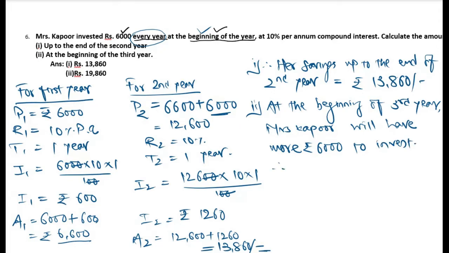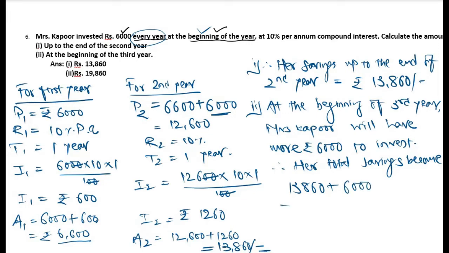Therefore, her total savings become 13,860, which she already had up to the end of second year, plus 6,000, which she now has at the beginning of third year. So it comes to total 19,860 rupees only. This is her savings at the beginning of third year.